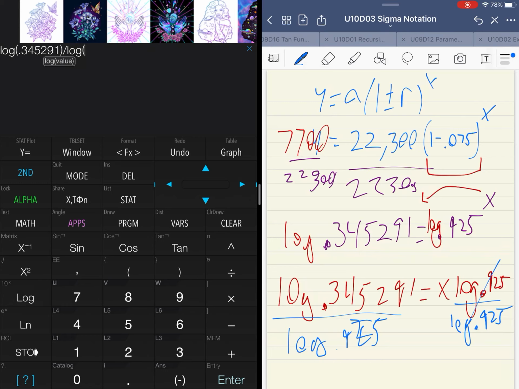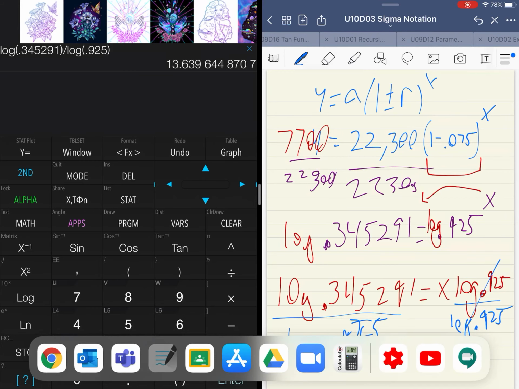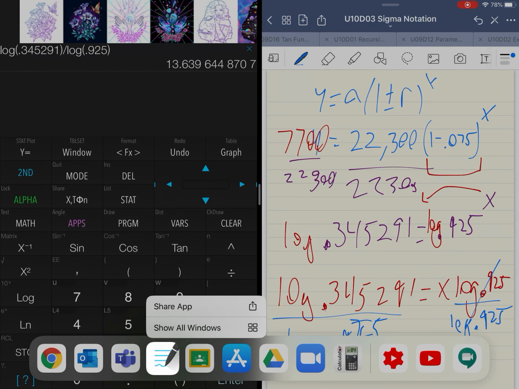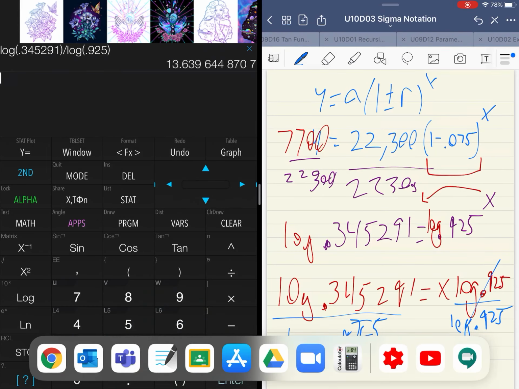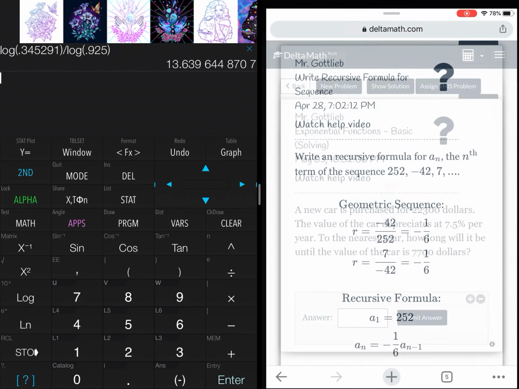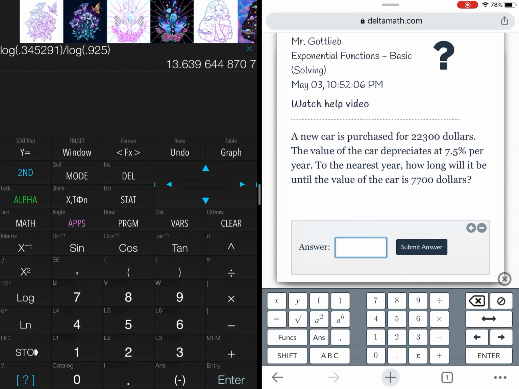Divided by log of 0.925. Close that, press enter, and it's 13.639. So let me open the problem back up. And it says to the nearest whole year, so that would be about 14 years.